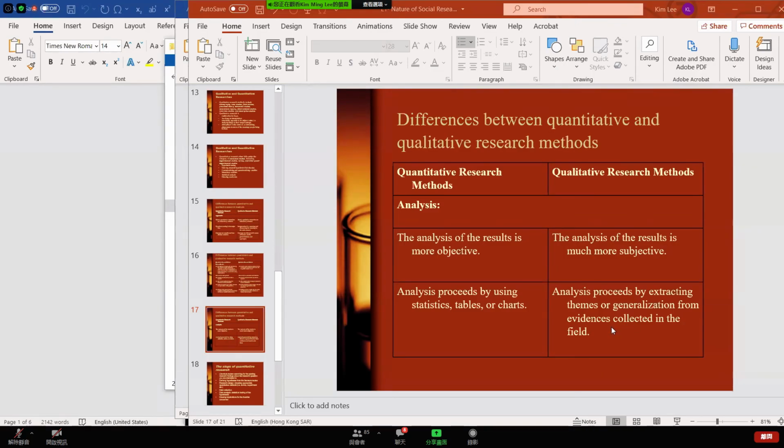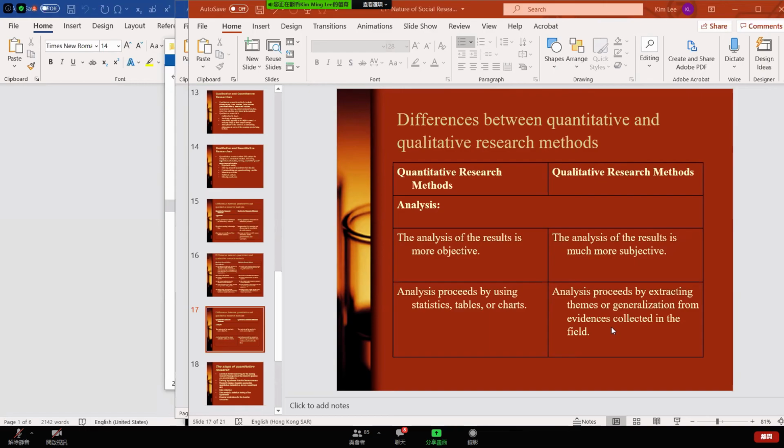That means through contrasting and comparing the cases, the small number of cases you examine, you interview, you come up with some type. For example, you interview 10, 20 youngsters, they join the protest. Then you may find out some type using some common sense.